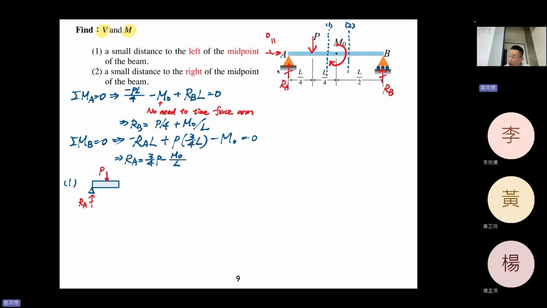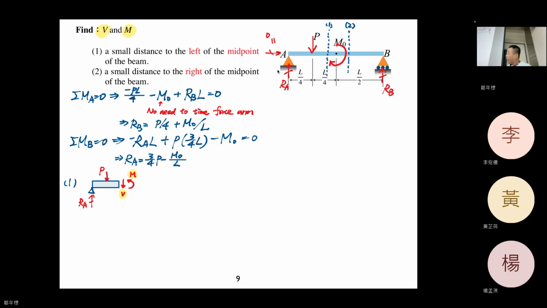Now, very important, because I cut it and leave the left-hand side, we need to assume V and M in the positive way. Positive V downward. This is really important. And M. Be really careful about this.